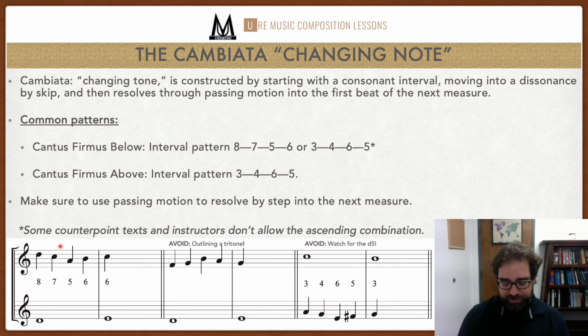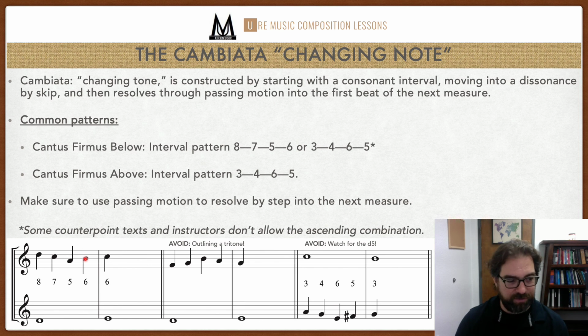So if we play this first one, we've got an 8, 7, 5, 6, and 6. It resolves itself. That C creates instability that is then sort of supported and resolved by that B. So I'm going to play this again.